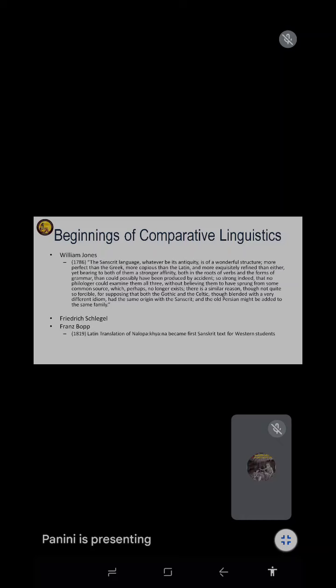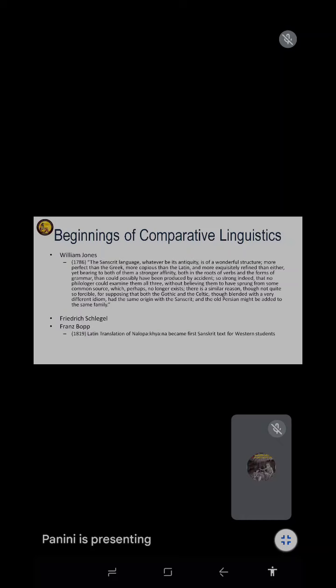He was the first scholar to make a statement that Sanskrit has a wonderful structure, more perfect than Greek, more copious than the Latin, and more exquisitely refined than either. Yet bearing to both of them a stronger affinity, the word should be noted, stronger affinity, both in roots of verbs and forms of grammar, than could possibly have been produced by accident.